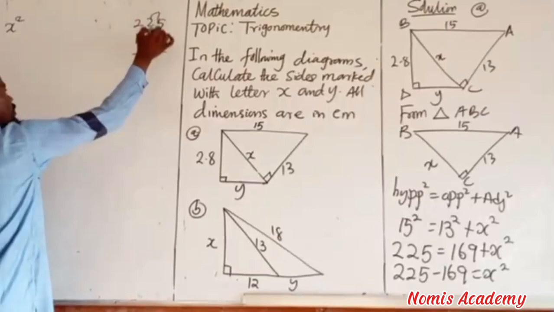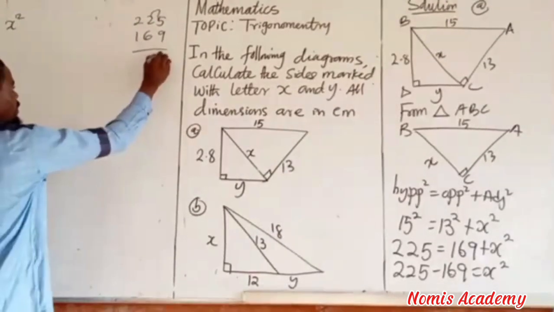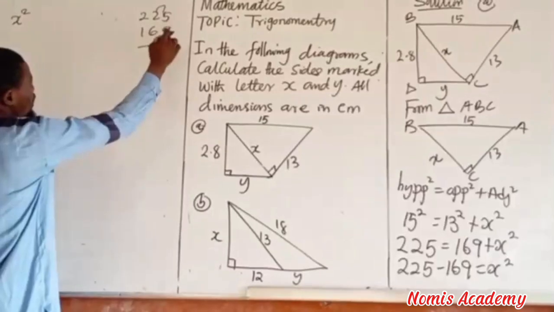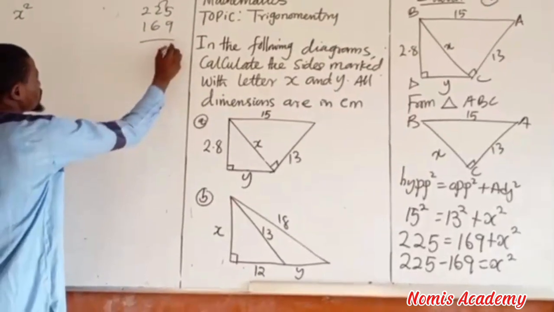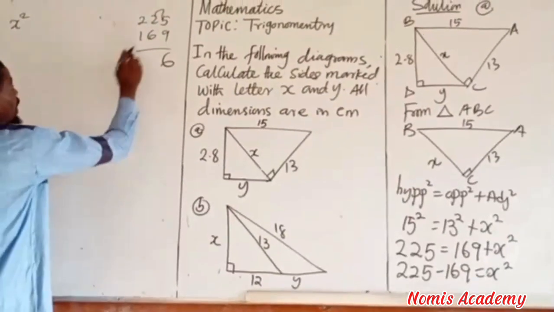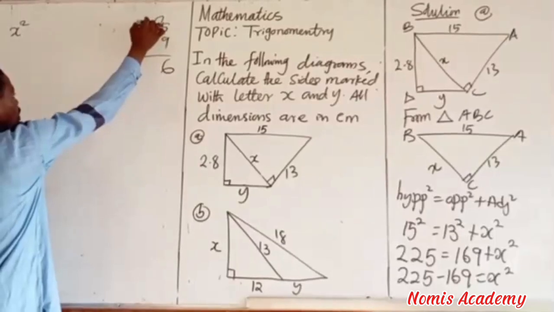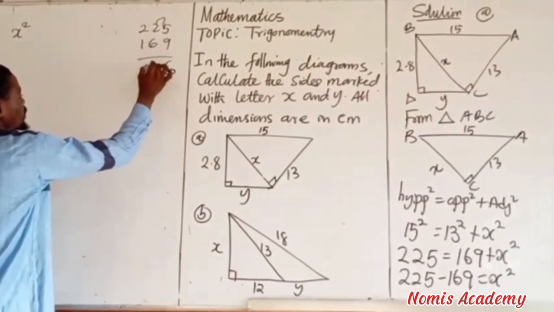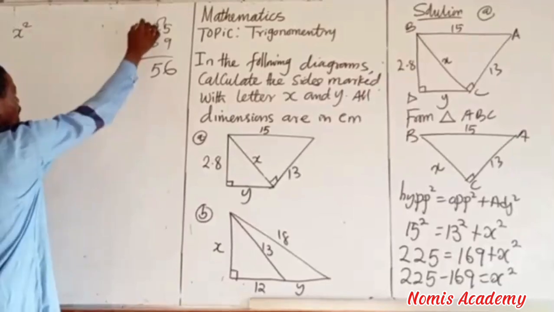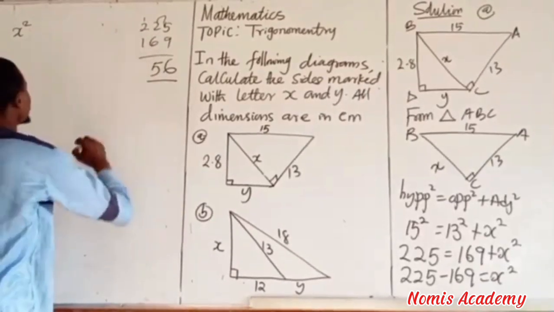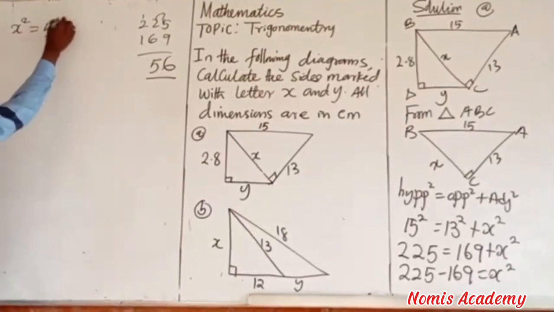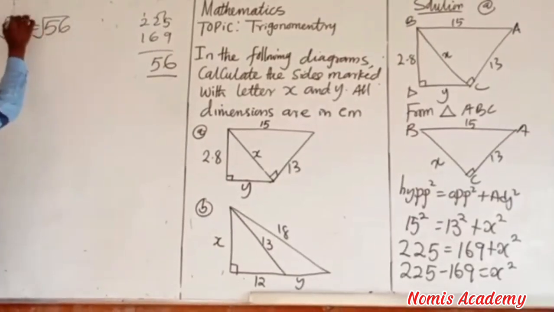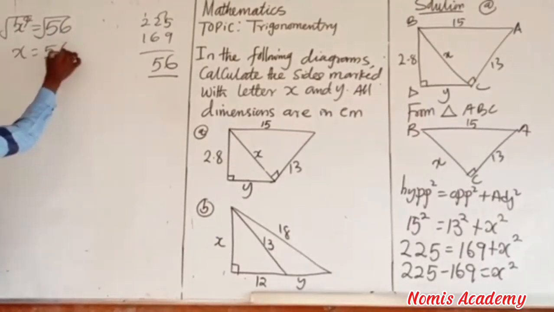Borrow one from here, make it 15. 15 minus 9, sorry, is 6. Then here we have 1, borrow one from here, make it 11. 11 minus 6, we have 5. Here we have 1, 1 minus 1 we have 0, which is 56. It's equal to 56. Then take the square root of both sides, this cancels the square, X is equal to the square root of 56.